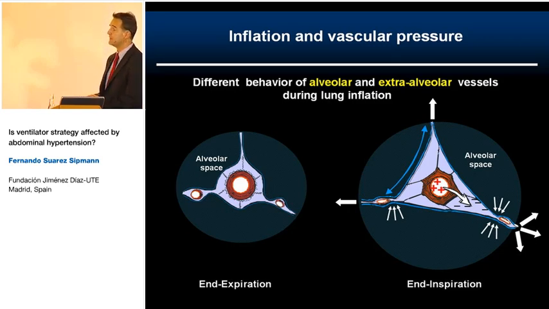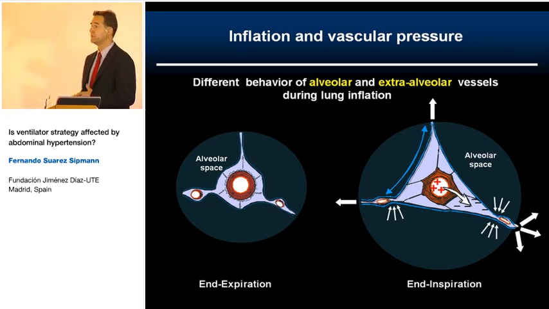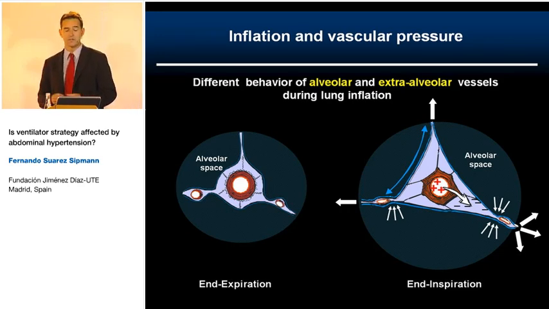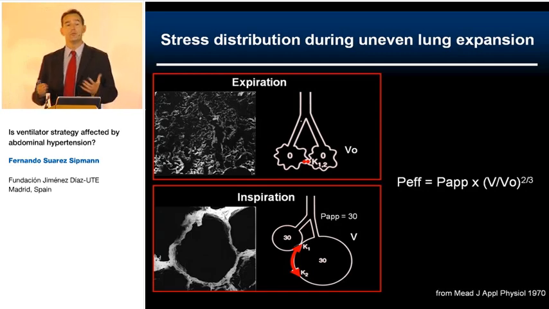Whereas due to the interdependence of the alveoli, the expansion of the lung creates a negative interstitial pressure, and this is causing an increase in transmural pressure that at the beginning increases the diameter of the vessel, elongates the vessel, and if the stress or the inflation is of a certain entity, it can end up causing capillary stress fracture even in the extra-alveolar vessels. And this is what happens in normal lungs.